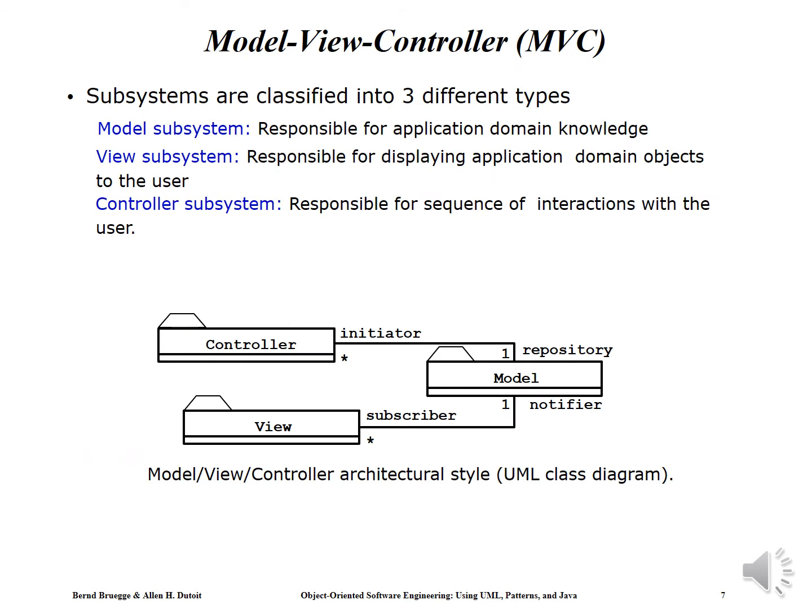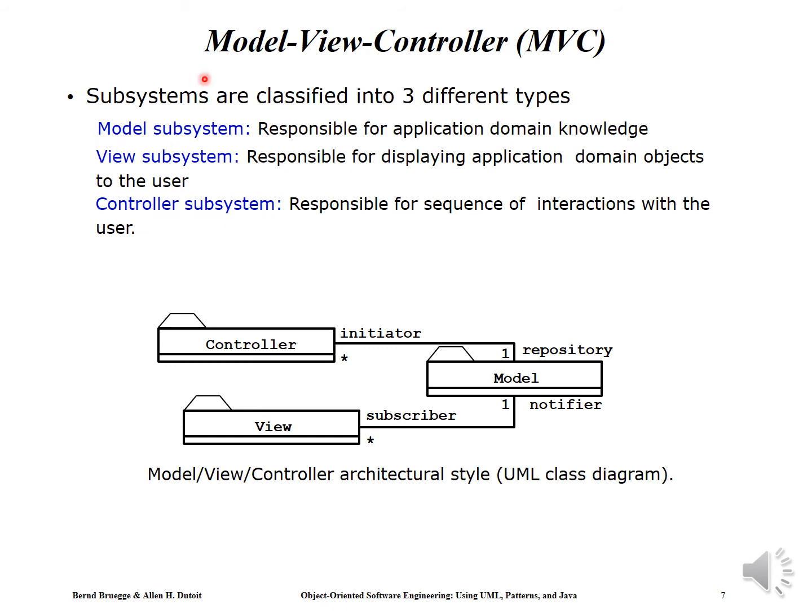So second is model view controller, which is also called MVC architecture. It is an architecture pattern that separates an application into three main logical components: the model, view, and controller. Each of these components is built to handle specific development aspects of an application.